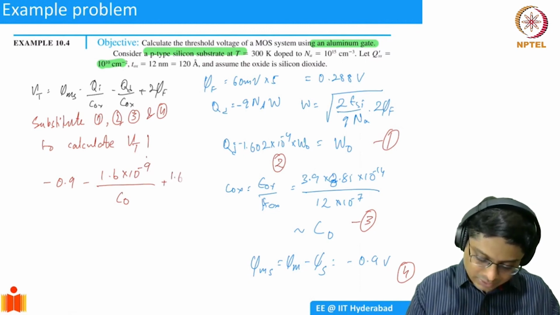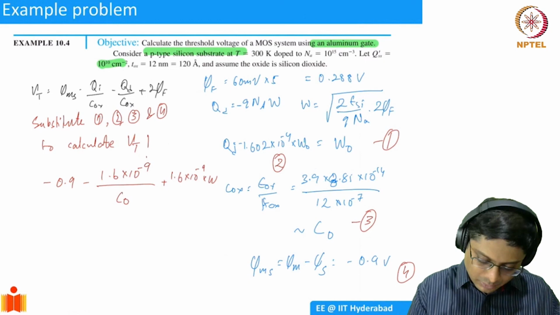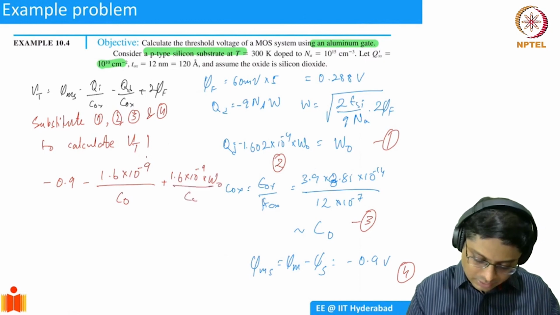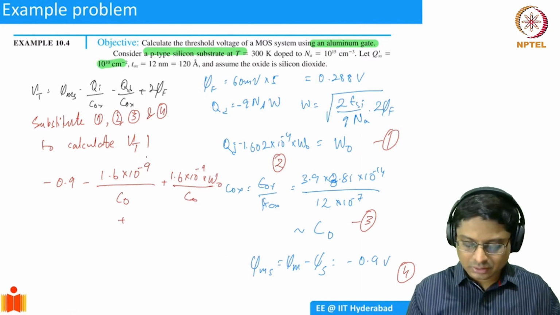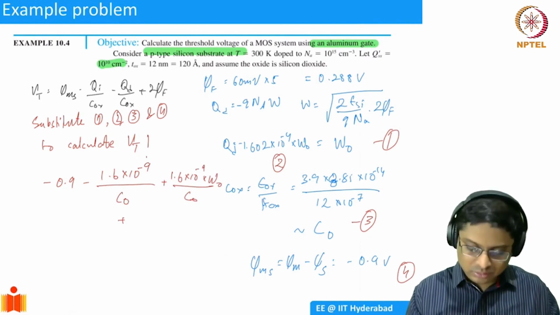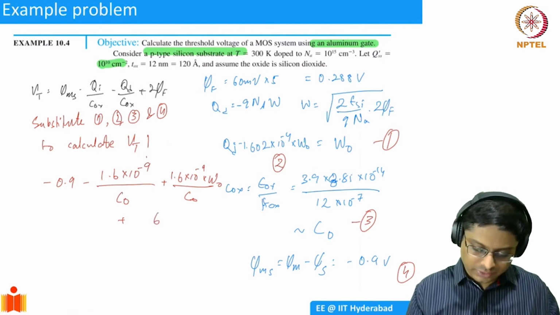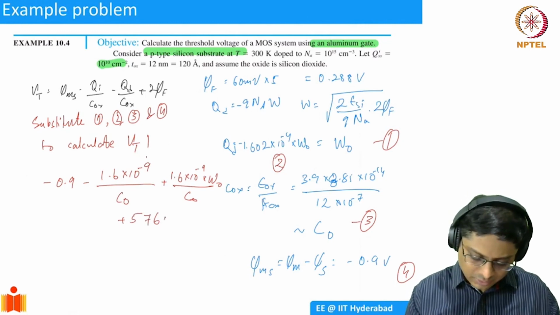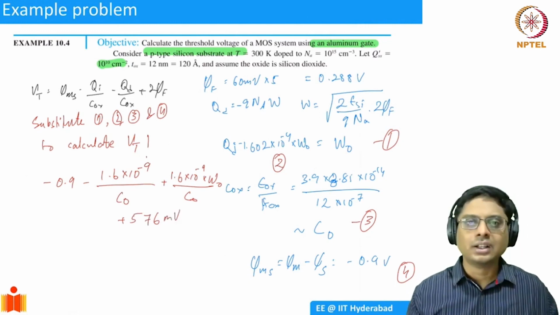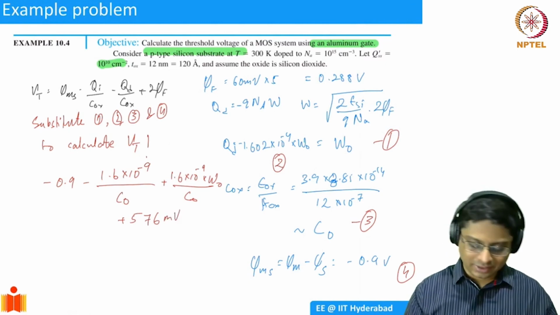This is going to be 1.6 into 10 power minus 9 into W naught by C naught plus 0.288 into 2. It comes to 576 millivolts, I think. So please do this and then verify. This is how you compute.